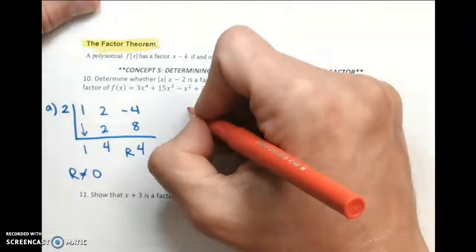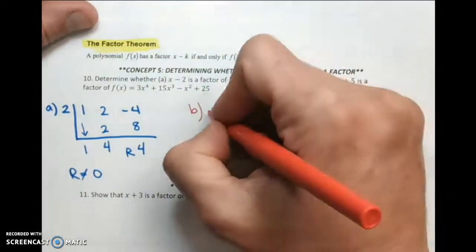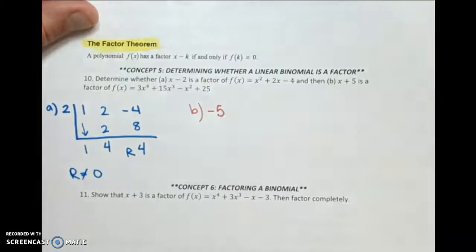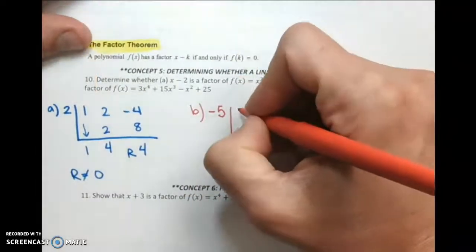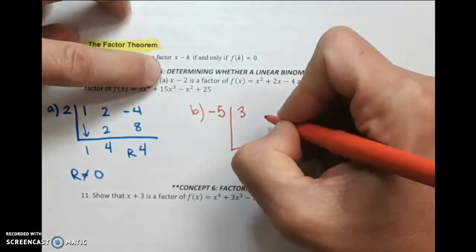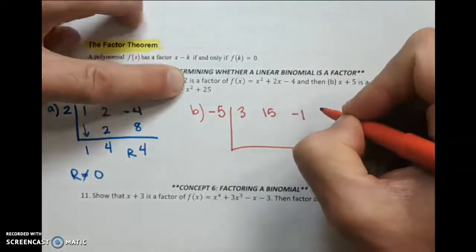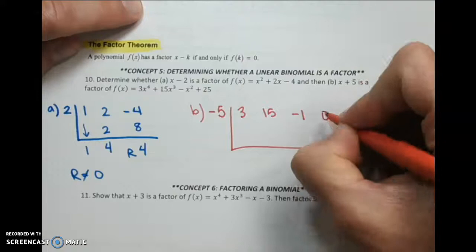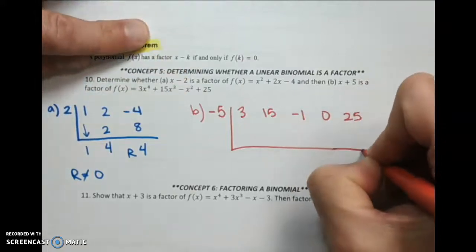B. Let's try B. This time I get x plus 5. So again, it's in factor form, so I take the opposite of +5, -5. And then I have 3, and then 15, and -1. I do not have an x, so I need to put 0 as the placeholder for x, and then 25.